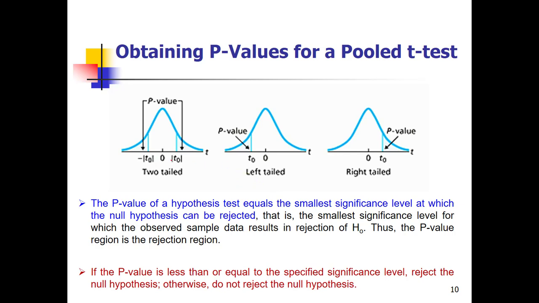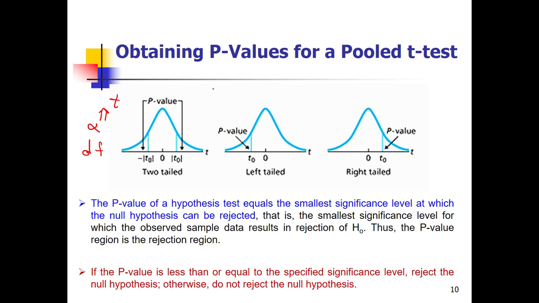So we calculate T at the beginning, then we have the significance level alpha. We go find the T for this alpha and the degree of freedom that we have. That is the T value that you will find from the table.